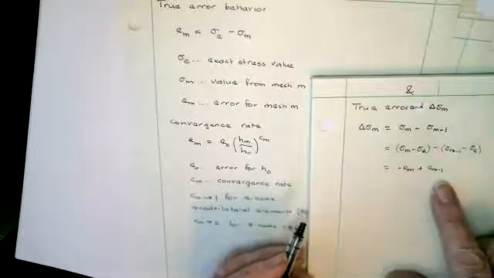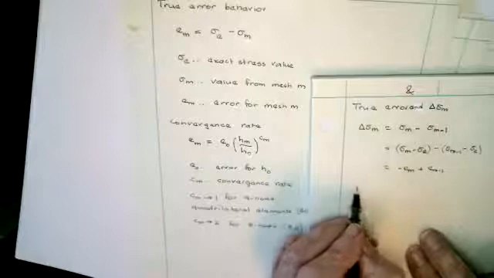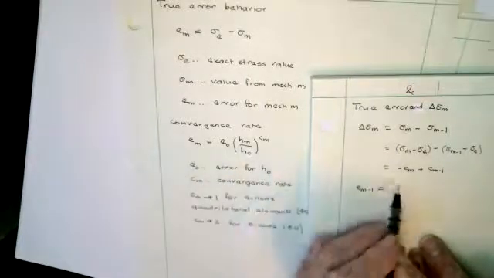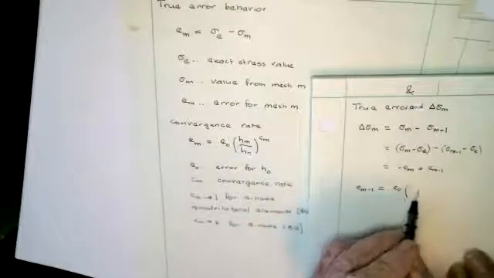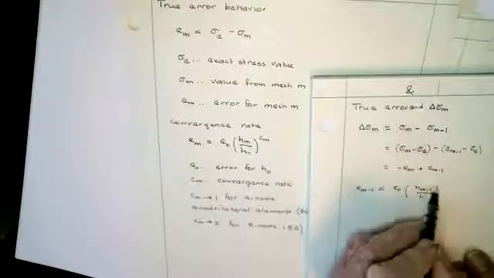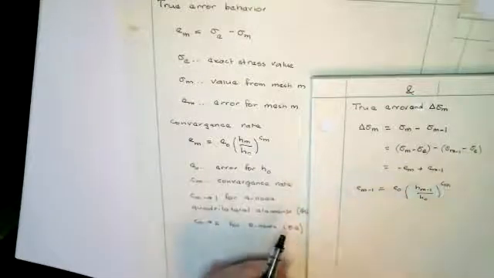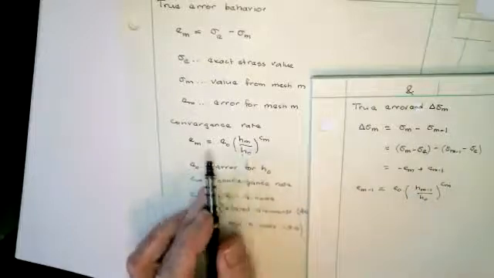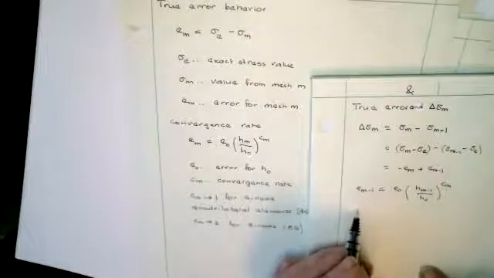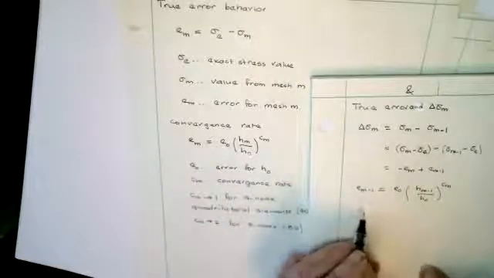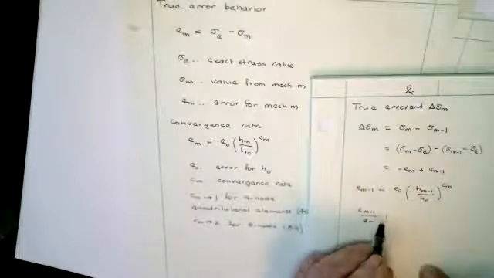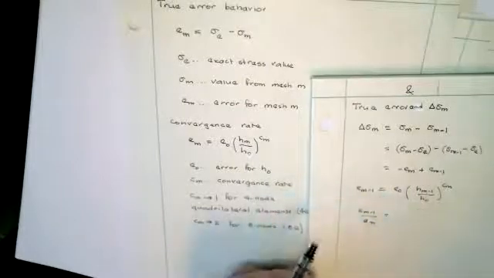We'd like to get rid of E M minus 1. We can use this convergence ratio over here. So I just put H M minus 1 for H M, and you get E M minus 1. Okay. If that's the case, then I can get the quotient. Well, the E naught and the H naught are going to cancel.